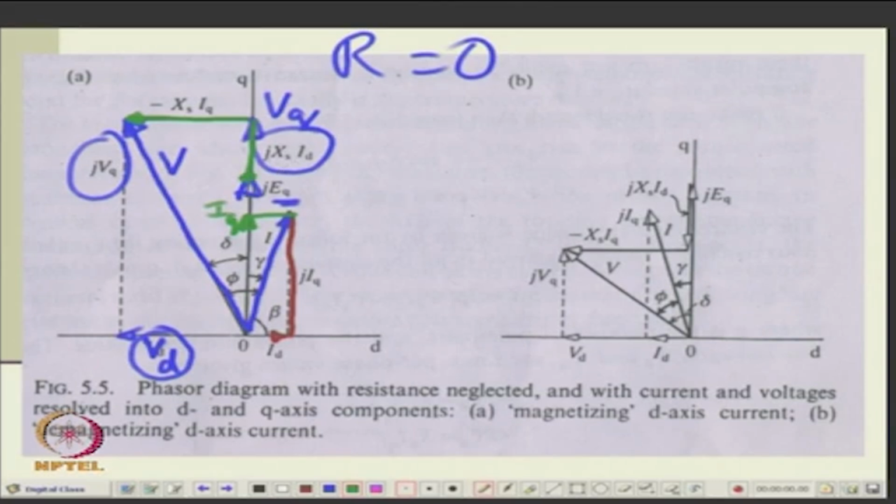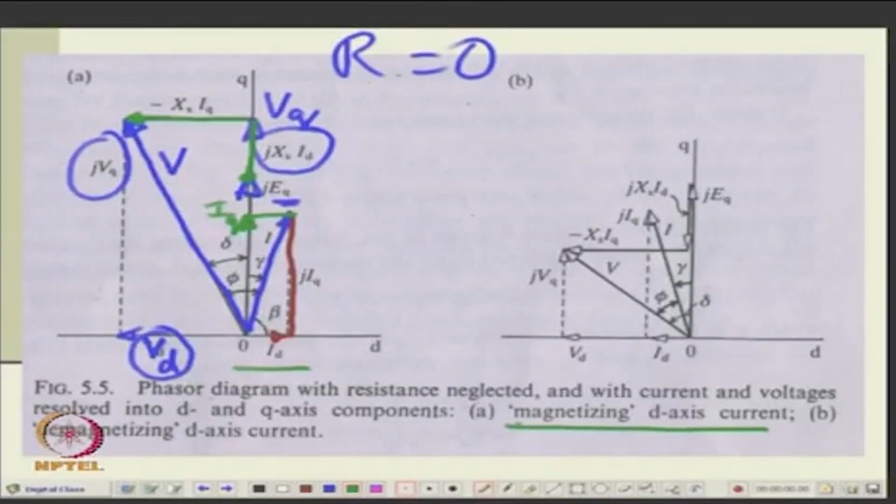You have this is XS ID and XS IQ and this will be the V ultimately. So, in this case what are you observing? ID is in line with the D axis. So, this will have a magnetizing effect. So, armature current is flowing in such a direction to magnetize, means to aid the permanent magnet flux when it is loaded. Okay, this is sort of a reaction of the armature currents, right.